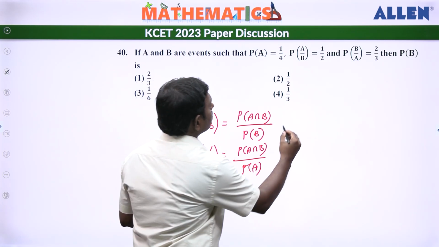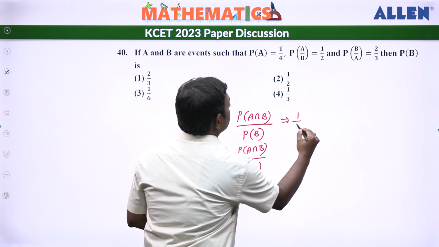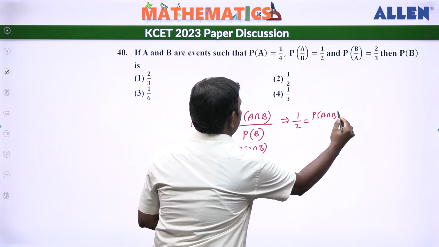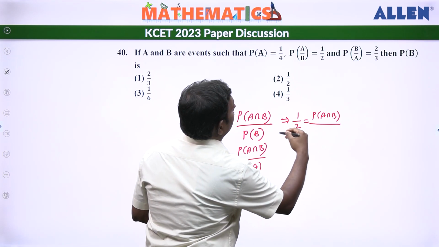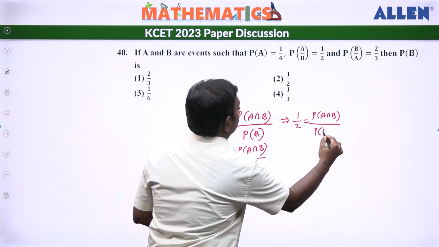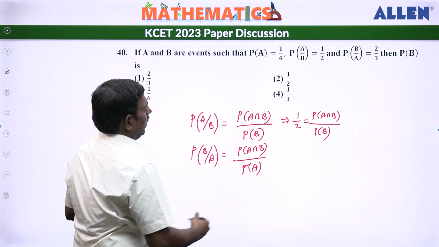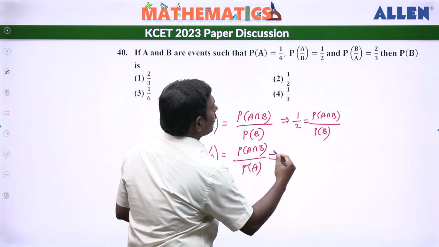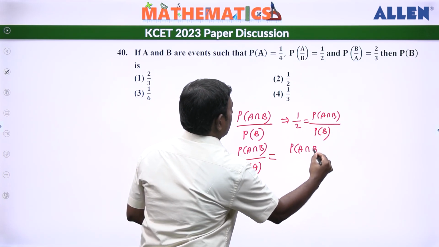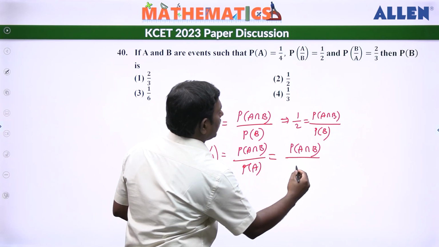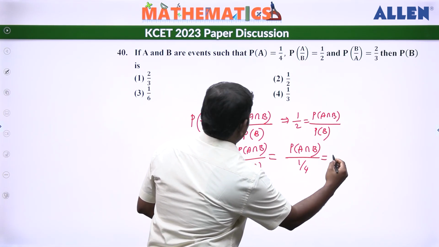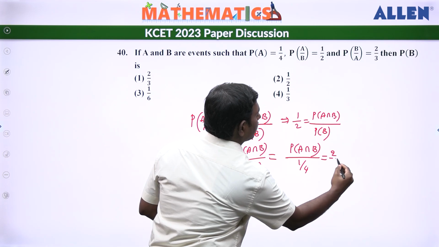Now substitute values. So 1 by 2 is equal to P of A intersection B by P of B. And from this, P of A intersection B by P of A, where P of A is 1 by 4, is equal to P of B given A, which is given as 2 by 3.